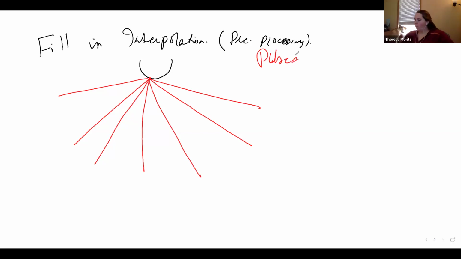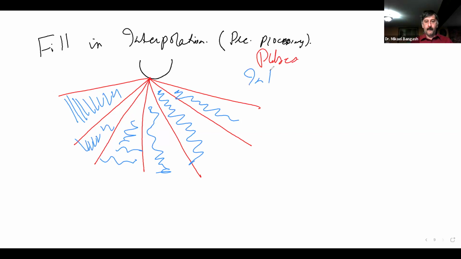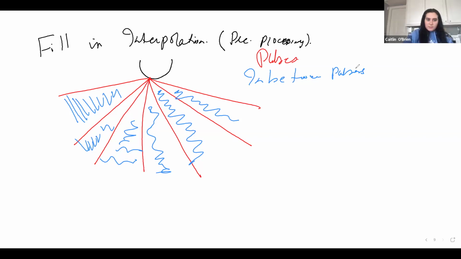So these were your pulses. But what do you see in between the pulses? Like this blue area here. What do you see in between the pulses? Empty space.